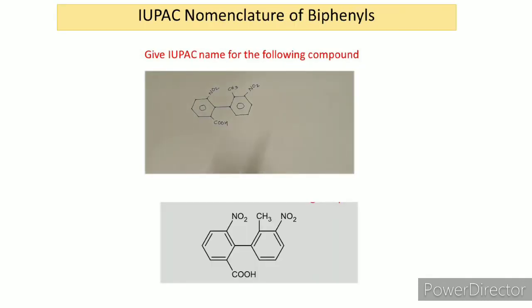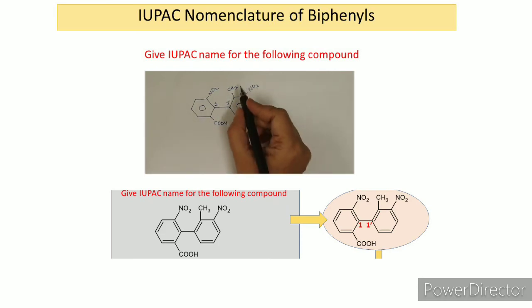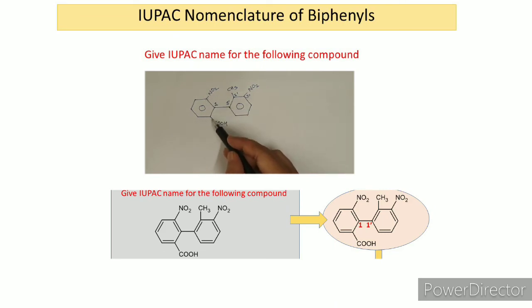So let's solve this last example. In this case, you will directly fix numbers 1 and 1 dash. In the right ring, you will easily give numbers like this, so that the substituent gets the minimum possible number. In the left ring, NO2 and COOH are placed symmetrically, so you can give number 2 to this or to this carbon.